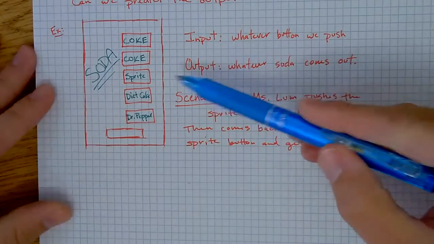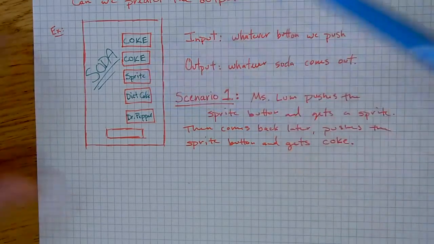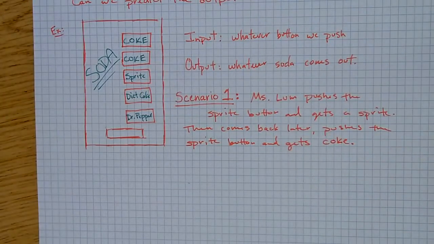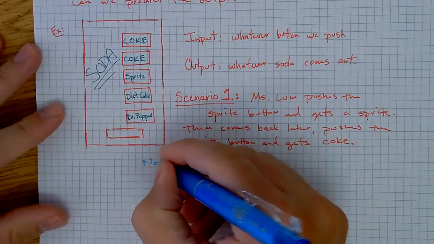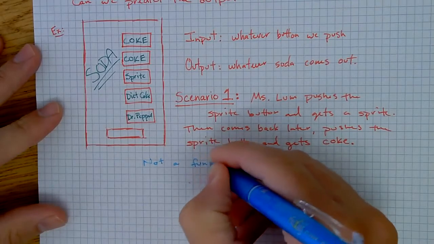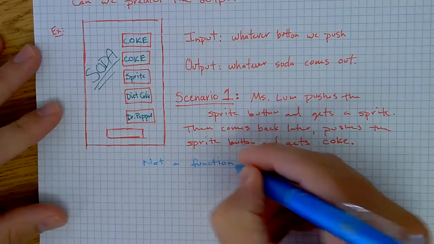Can she accurately predict what's going to happen when she pushes the Sprite button? She cannot. So this would not be considered a function because we cannot predict what happens when we push the Sprite button.